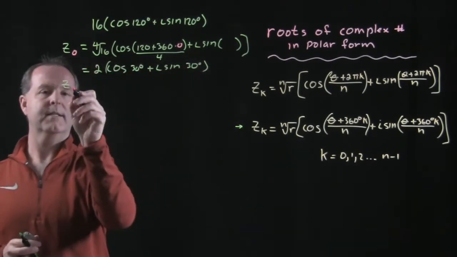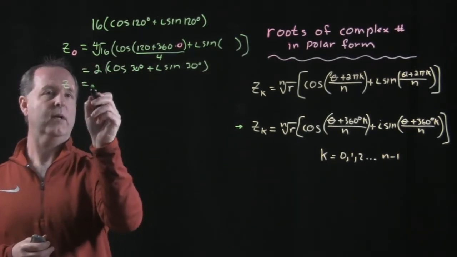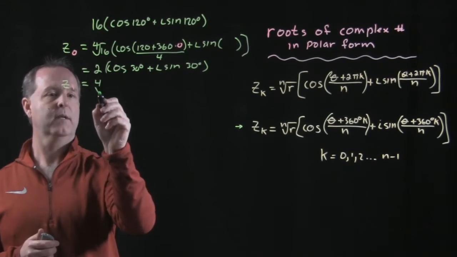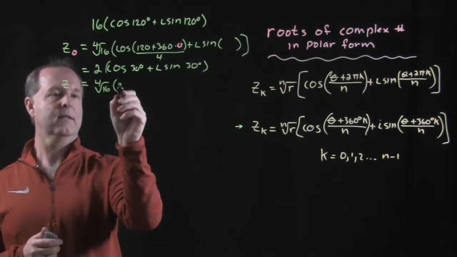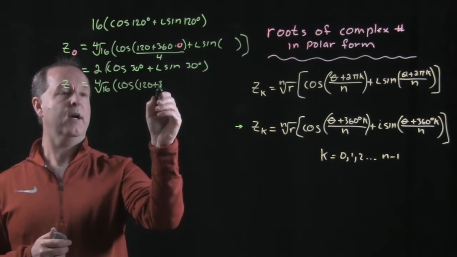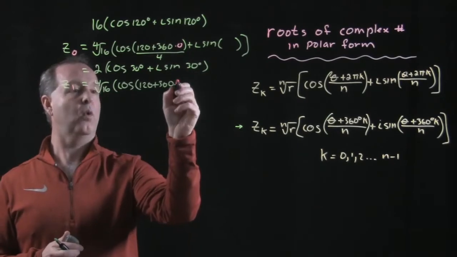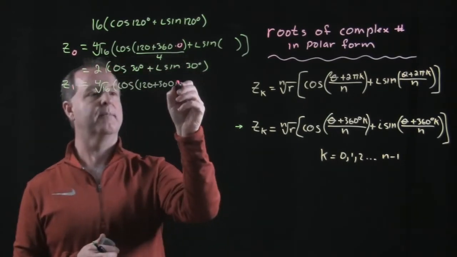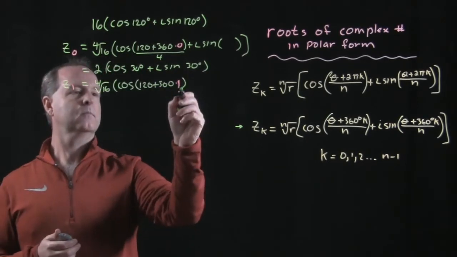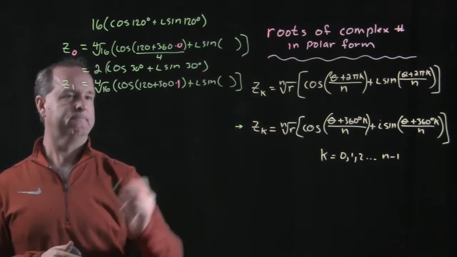So just as an organizational matter, z sub 1 is our next one. That helps us to go to the fourth root of 16 times the cosine of 120 plus 360. Since this is my first one, that's a times of 1 now. Let's make it a bigger one because you guys are playing along at home. Plus i times sine of the same argument.